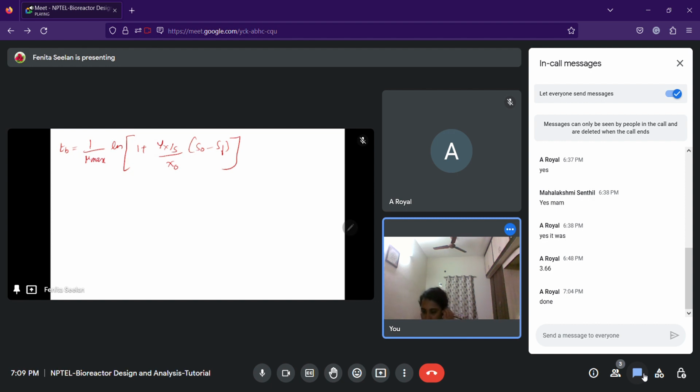So for this, mu max is 0.5, ln of 1 plus Y, the yield with respect to substrate, is 0.55. Our X naught is 0.1. Substrate initial is 60. Later on it became 3.